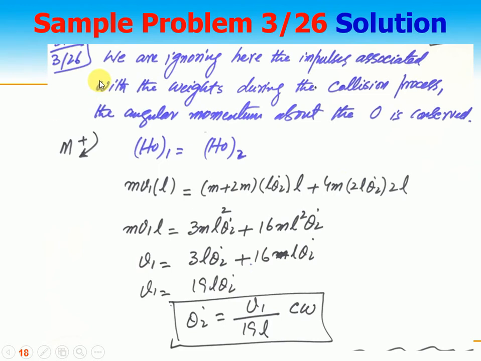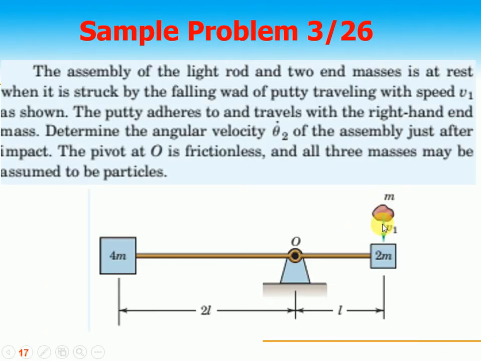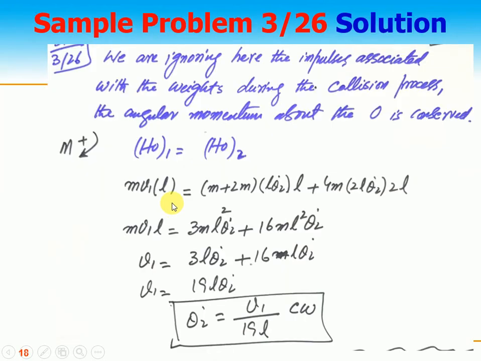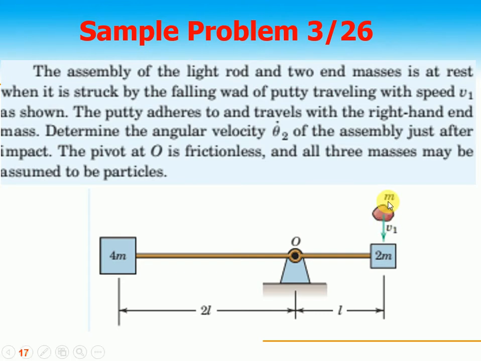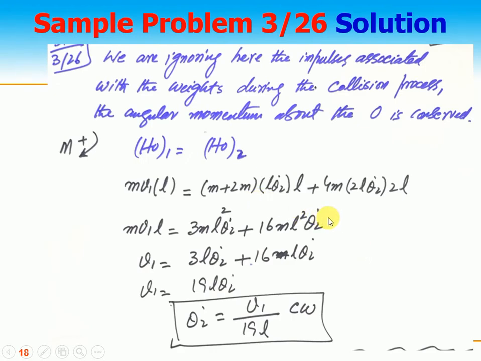So let's see, we are ignoring here the impulses associated with the weight during the collision process. So we say the angular momentum remains the same. H01 is equal to H02, and we are taking the moment in the rightward direction. So that's the first moment, of course mvr. So this one is m v1 l, the small mass, m v1 into l. This is the first angular momentum, equal to the momentum of this body after the impact, m plus 2m, and the arm of force is l.